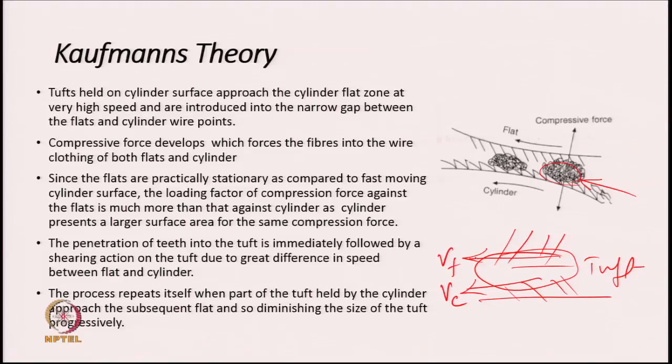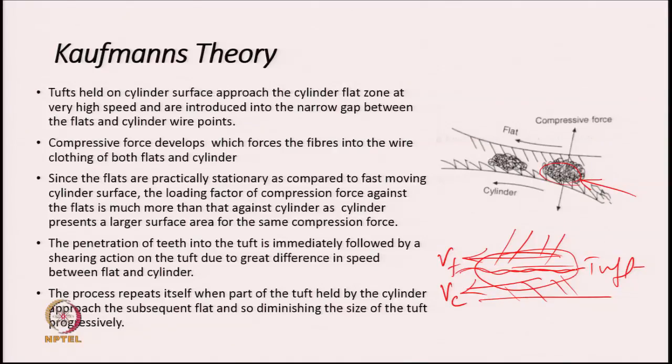Vc is the velocity of the cylinder and Vf is the velocity of the flat, but the velocity of the cylinder is extremely high in comparison to that of the flat, and hence the tuft will be sheared immediately, and the tuft may be sheared somewhere here at the middle or any other locations.